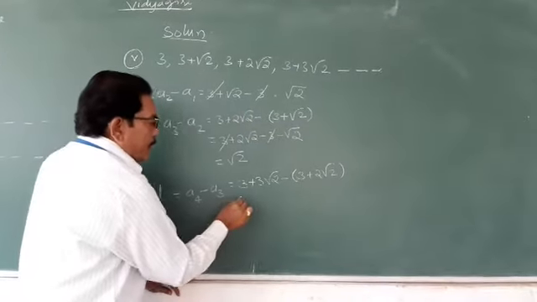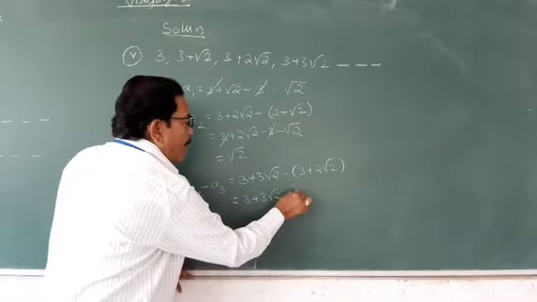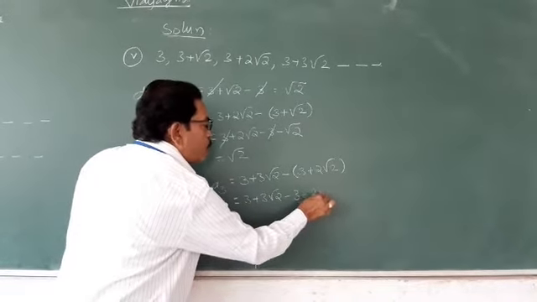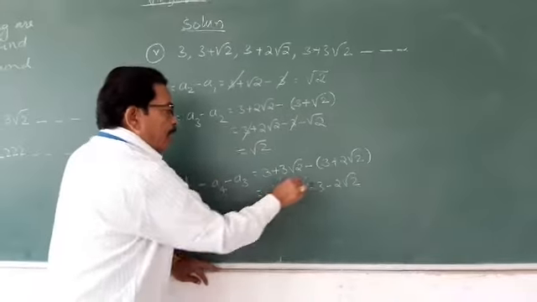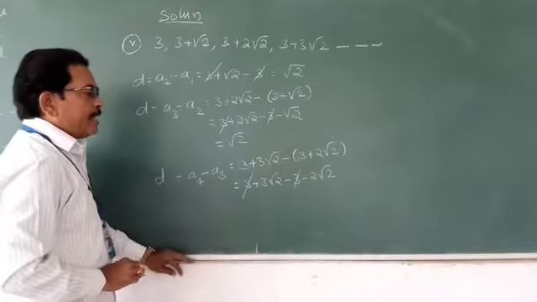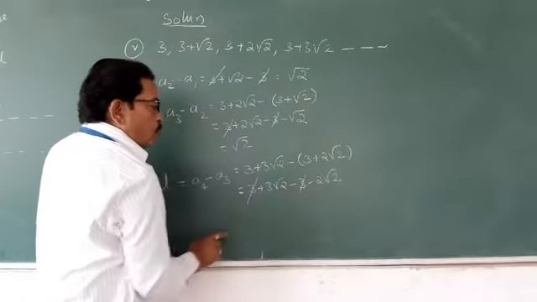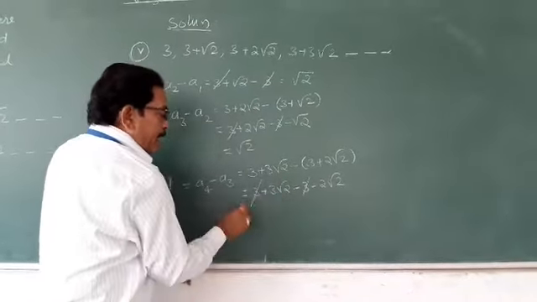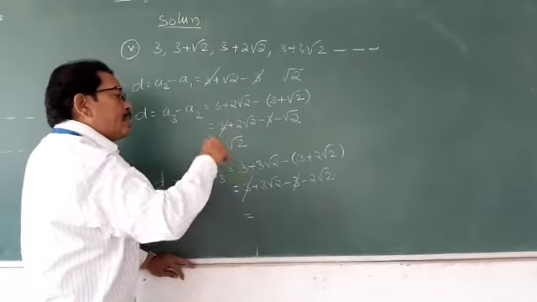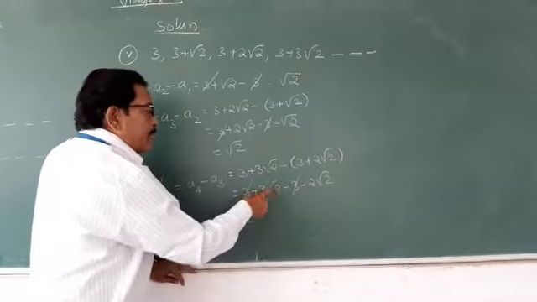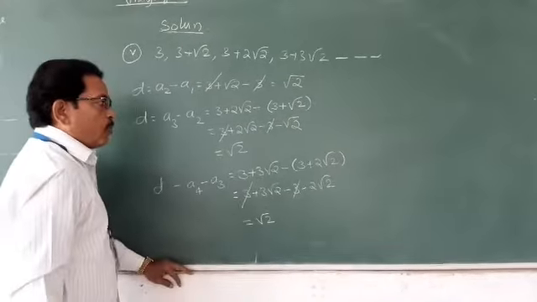Here 3 plus 3 root 2 minus 3 minus 2 root 2. 3 minus 3 cancel. 3 root 2 minus 2 root 2, that is like terms remained. So that is 3 root 2 minus 2 root 2, that is 1 root 2. Simply we have to write only root 2.